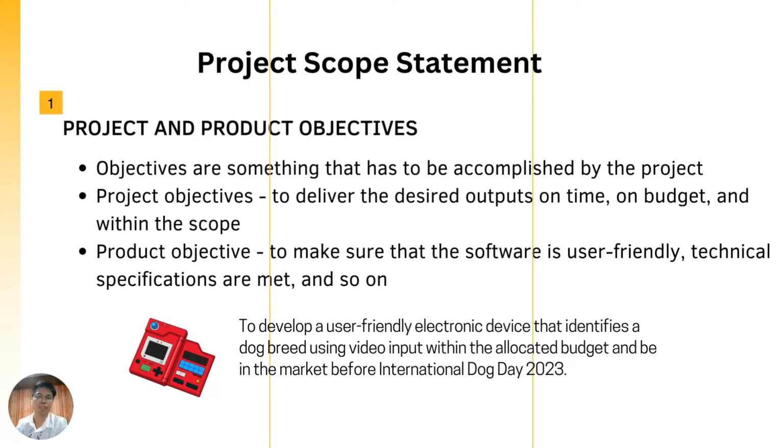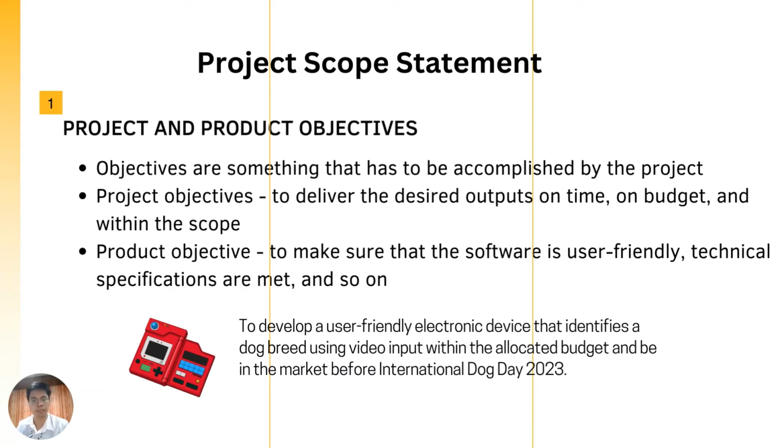First, project and product objectives. Objectives are defined as something that is to be accomplished by the project, which can be in the form of a tangible product or possibly less tangible project items such as status reports, quality control documents, and others related to running the project.